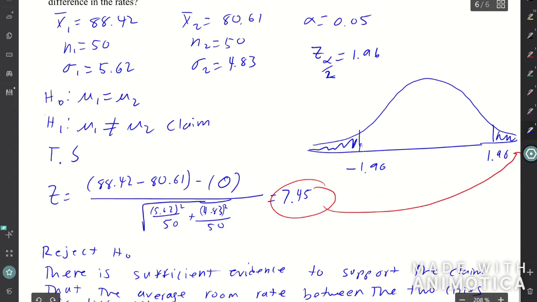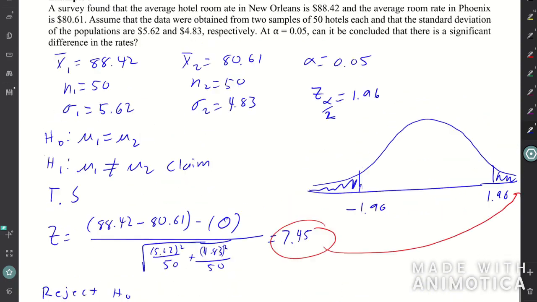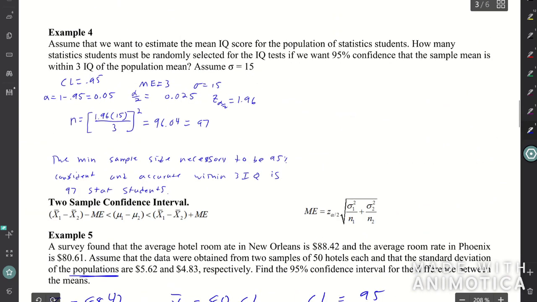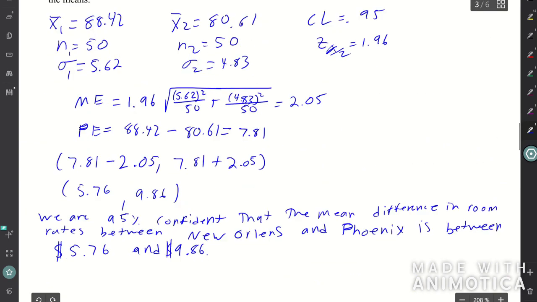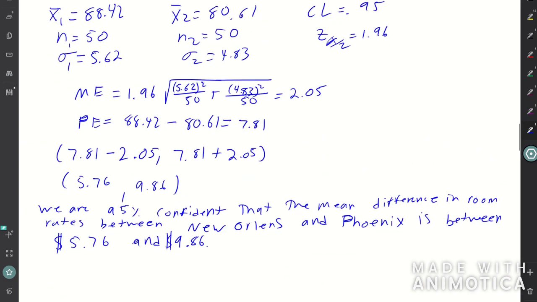Now, does this align with what we said back when we made the confidence interval? If we go back and remember, when we built this interval, we had all positive numbers. In order to reject a hypothesis by looking at the interval, we want to know: is the number in our hypothesis test in the interval or is it not?